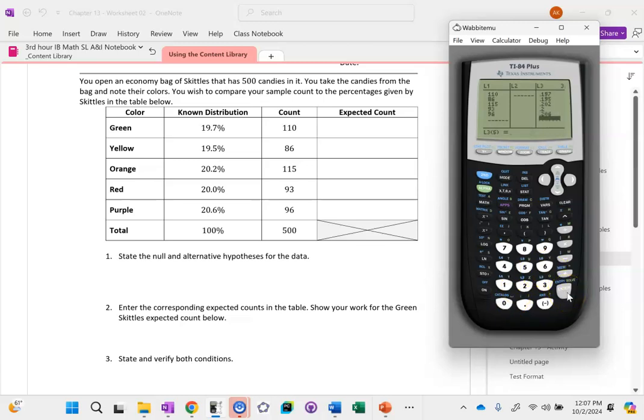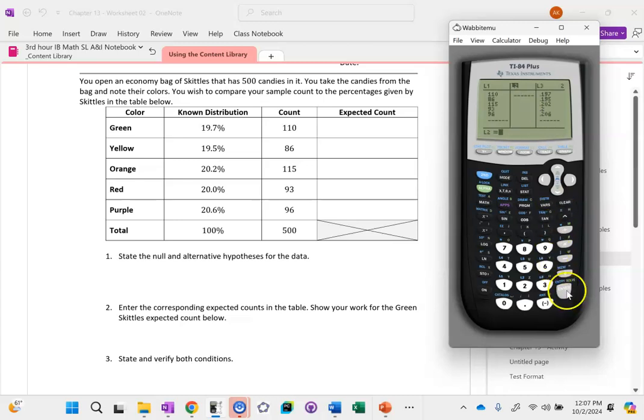Everybody so far so good? Now to create my expected counts, I'm going to move my cursor so that it's on the title L2.